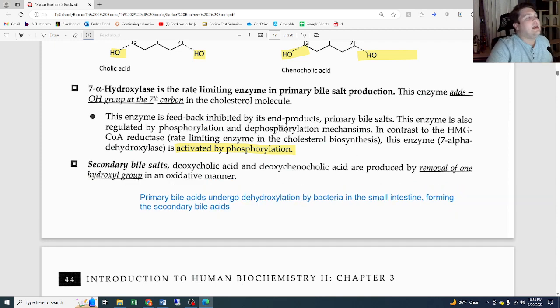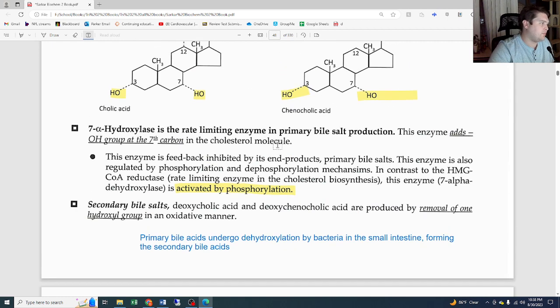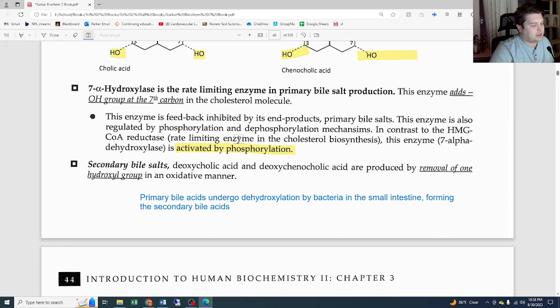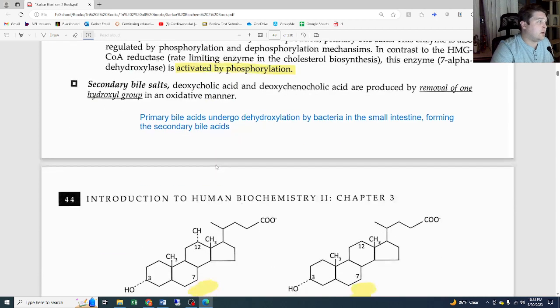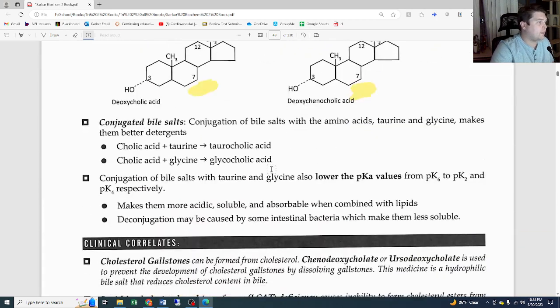If the bile salts are sitting in the gallbladder, what type of bile salts do we have? We have primary bile salts. Once they're released into the small intestine, after they've finished helping with digestion, they're now secondary bile salts. And then we also have something called conjugated bile salts.